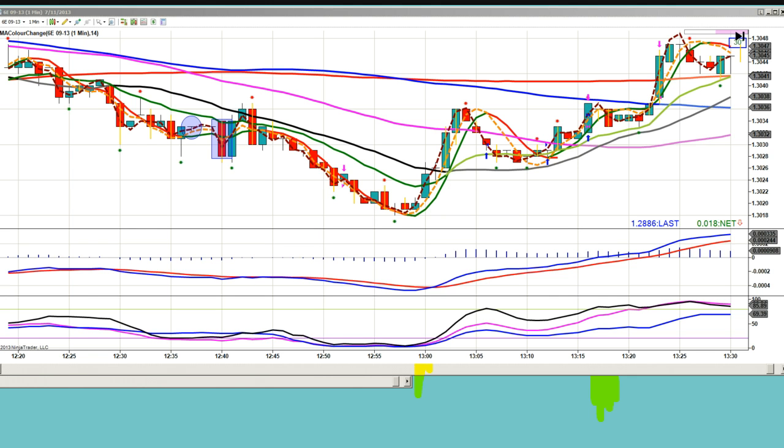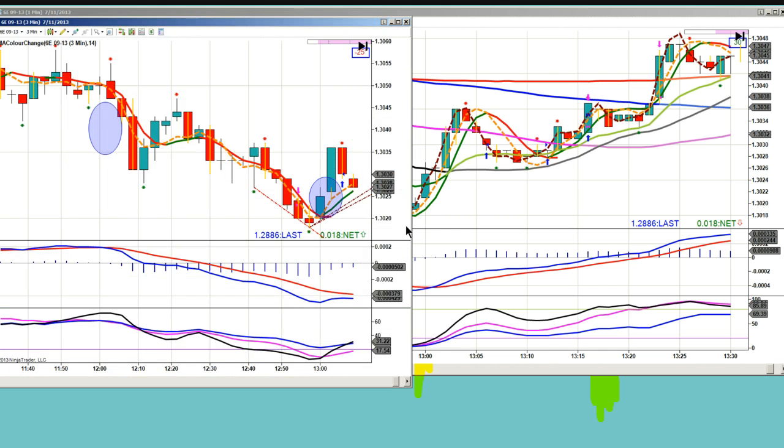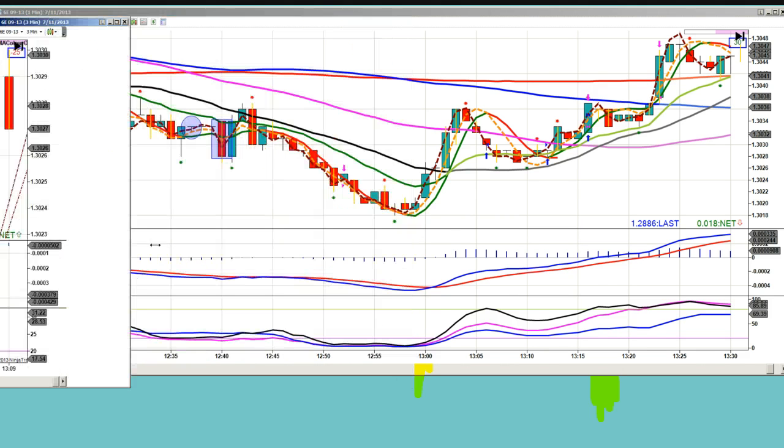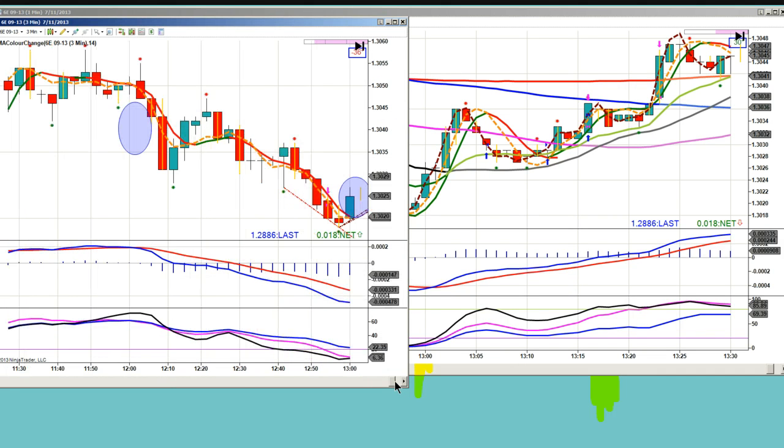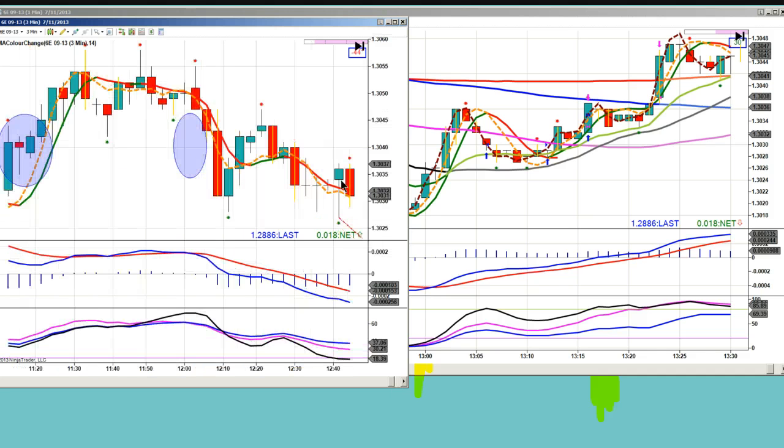Could we see the 3-minute chart again? Yes. So it wasn't that the HFT was the problem. Here's our 3-minute chart. And notice that we just went above the 3-minute chart, but the HMA is still red.